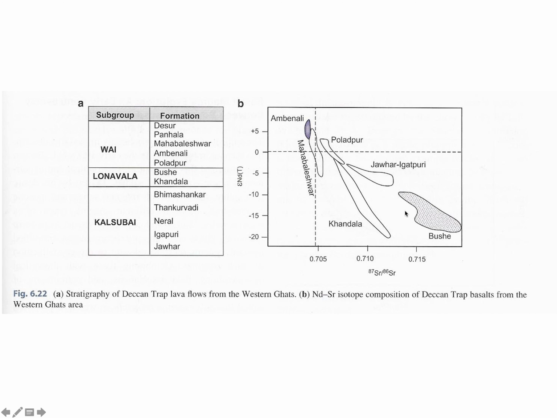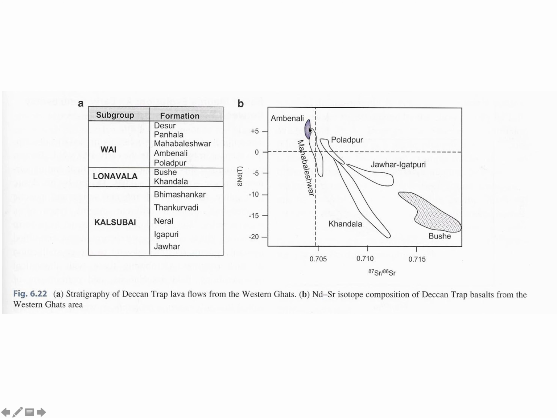So here in the subgroup Lonavala, the Bushe has very high strontium isotopic values. Here we have the Khandala, which also belongs to the subgroup Lonavala. It has lower but still high strontium values and tends also to have high epsilon neodymium values. Then you have here the Igatpuri, which belongs to the Kalsubai subgroup.